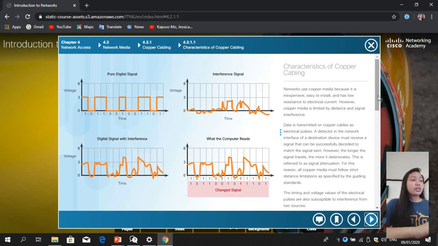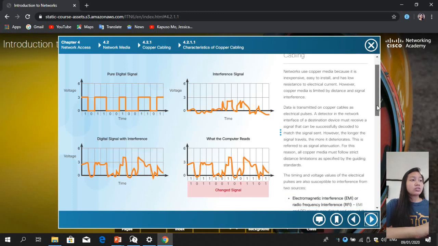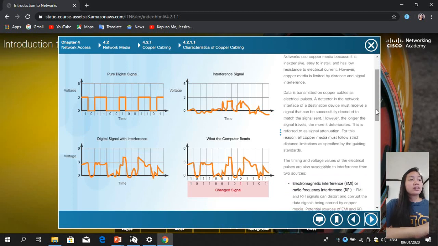A detector in the network interface of a destination device must receive a signal that can be successfully decoded to match the signal sent. However, the longer the signal travels, the more it deteriorates. This is referred to as signal attenuation. For this reason, all copper media must follow strict distance limitations as specified by the guiding standards.